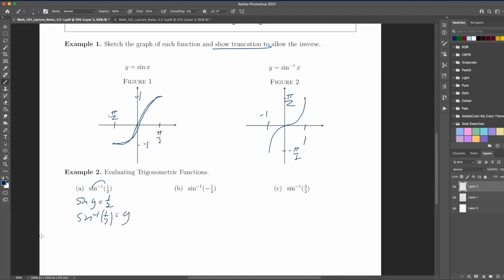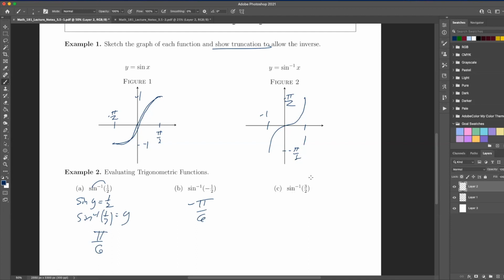And so what sine gives a half? Well, if you remember your unit circle, you realize this is just pi over 6. And where does it give me minus a half? Notice this would be minus pi over 6.